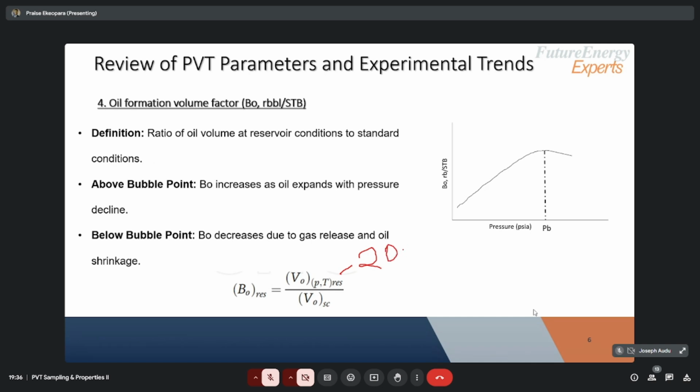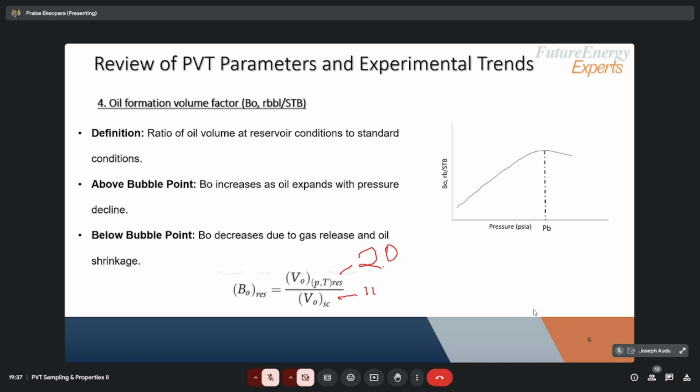If, for example, we have 20 barrels of oil at reservoir condition, it informs us how many of these 20 barrels we can recover at standard condition at the surface. That's what we mean by standard condition. It can be possible that we can recover, let's say, 11 barrels.